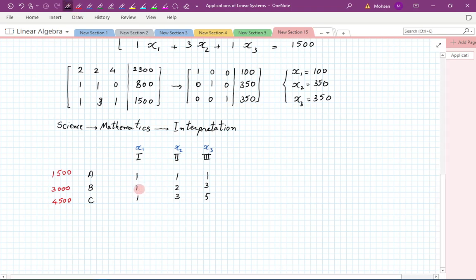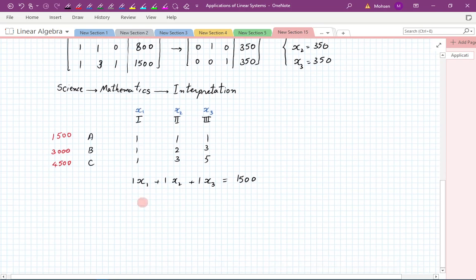So food type A, 1x1, and of course 1x2 and 1x3, if they eat up the whole thing, that has to add up to 1500. And the 1x1 and 2x2 and 3x3, I'm writing the ones so that you see it just coming from there.